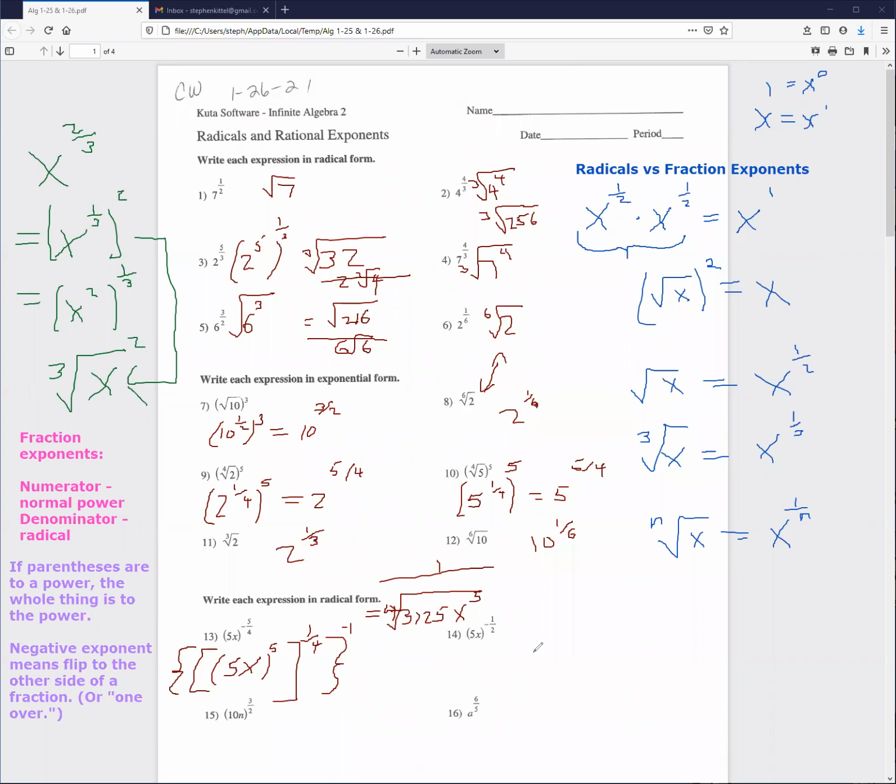So now 5x to the negative 1/2 is 5x to the 1/2 to the negative first. And we would have had 3 layers had there been a numerator that wasn't 1. All right, so 5x to the 1/2 is a way of saying square root of 5x, and it's negative exponent, so now it's 1 over.